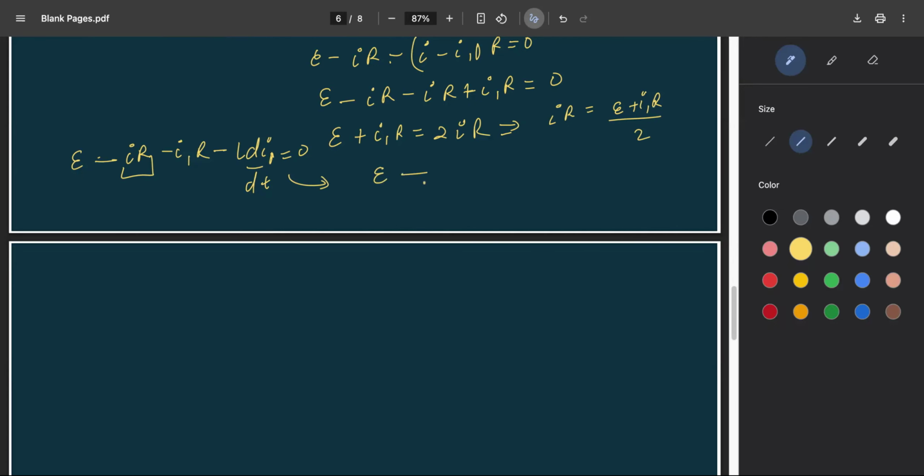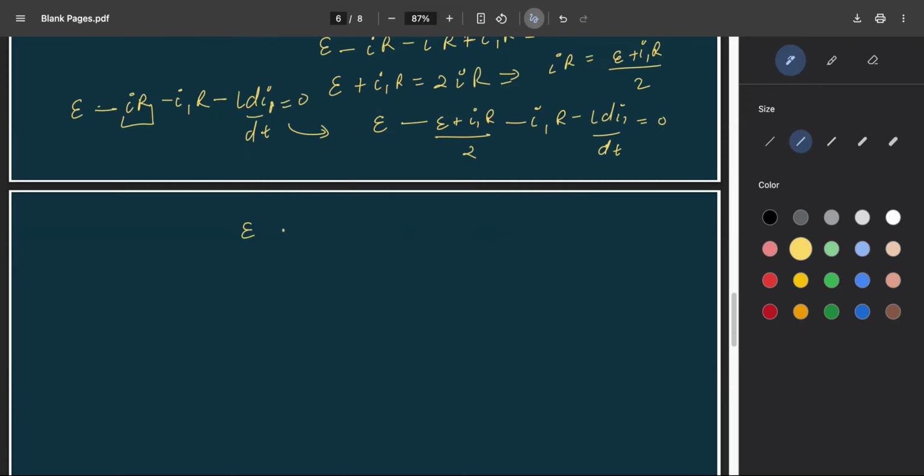E minus (E plus I1R) whole divided by 2, negative I1R, minus L dI1 by dt. Clear? This comes out 0. So let's solve it once. E minus E by 2, so E minus I1R by 2 minus I1R minus L dI by dt.